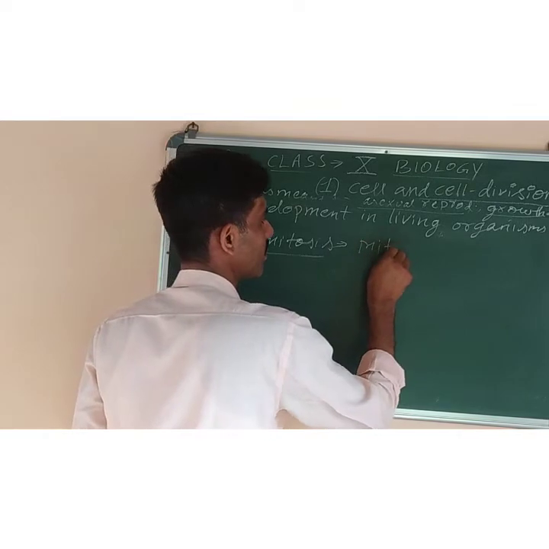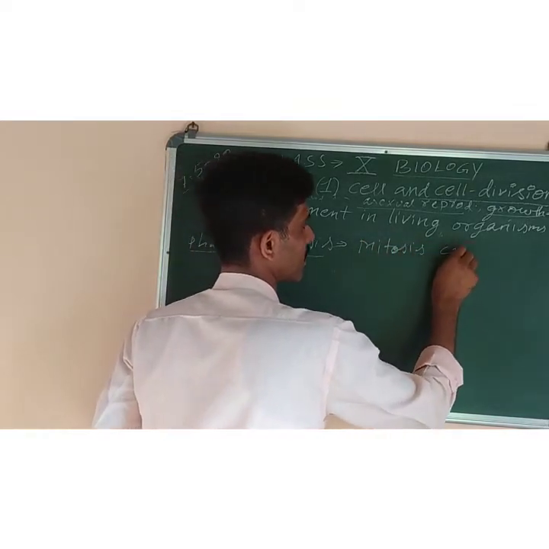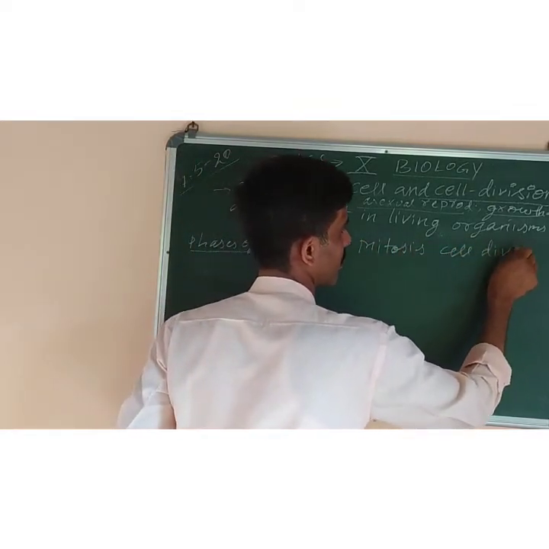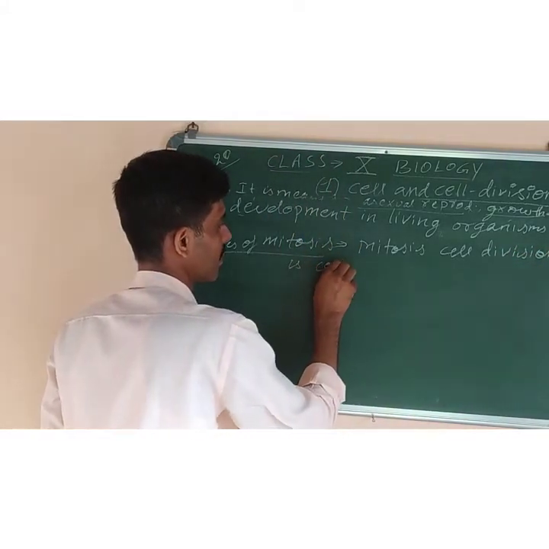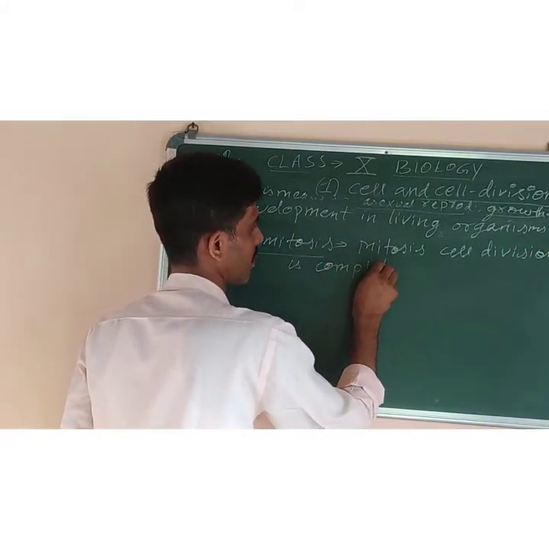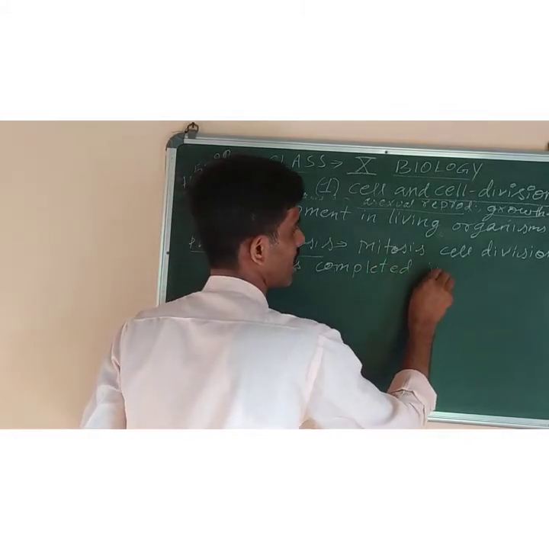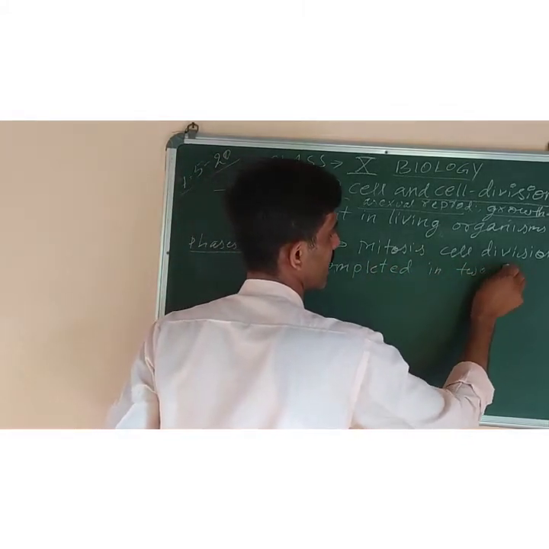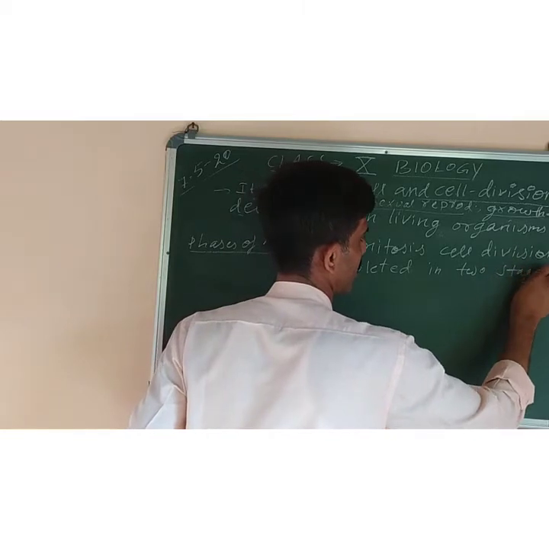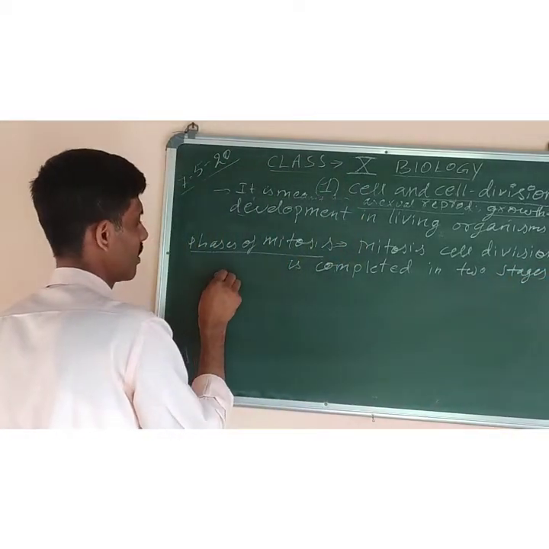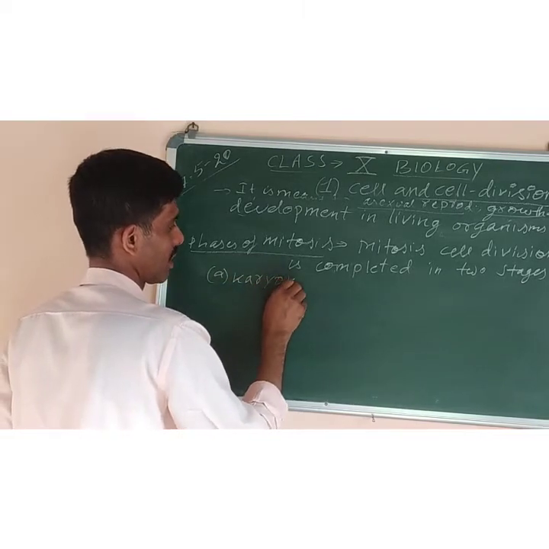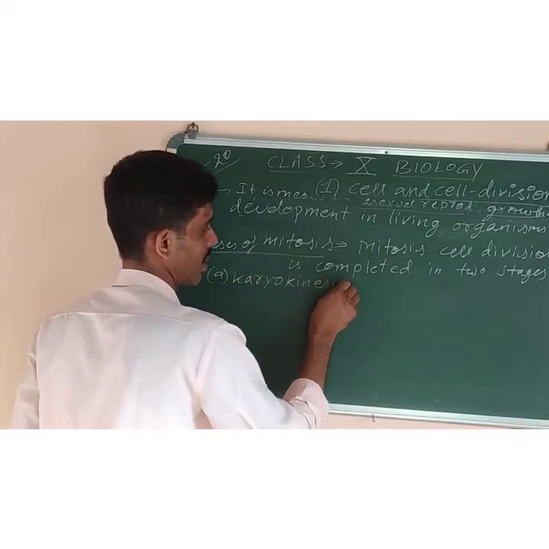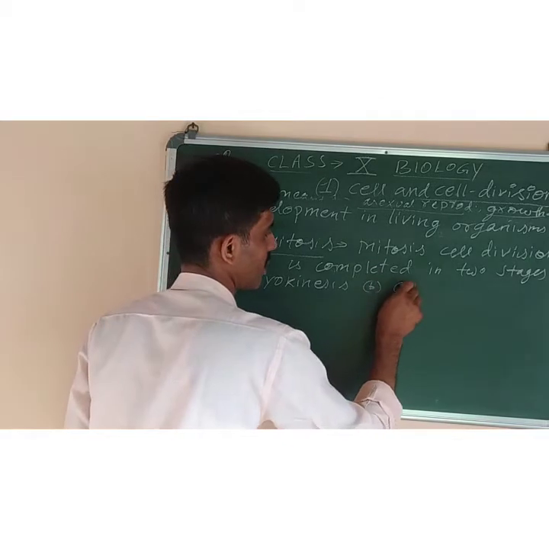Mitosis cell division is completed in two stages. Number A, karyokinesis, and number B, cytokinesis.